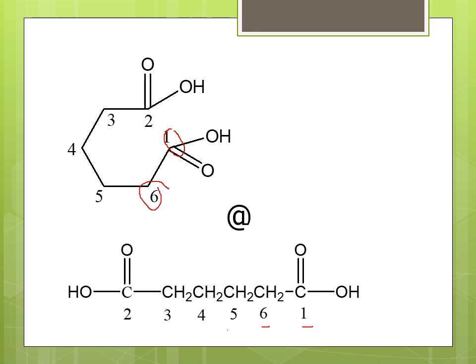So you can put number 5, 4, 3, and 2 next to them. Here you can see the name of this compound is hexane. Where is the carboxyl? It's at carbon number 1 and carbon number 6. So we label it hexane-1,6-dioic acid.